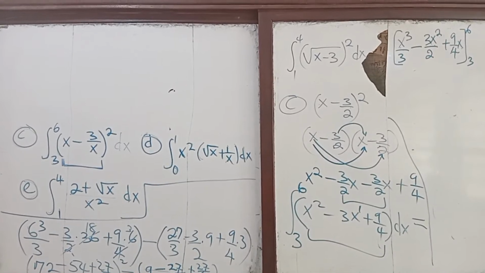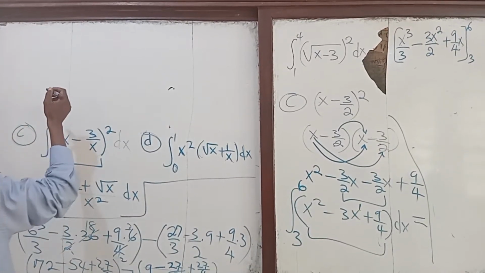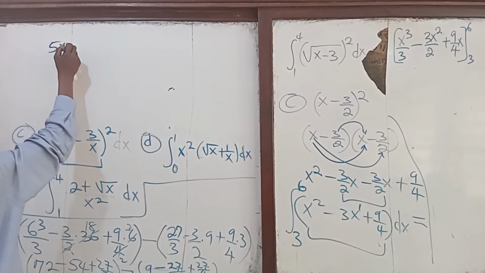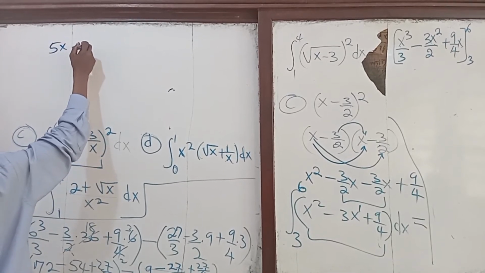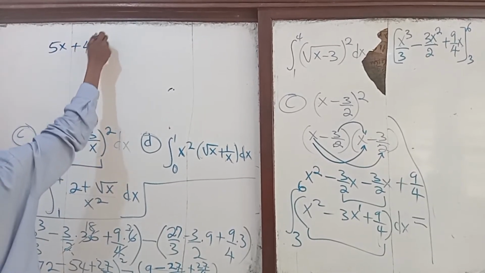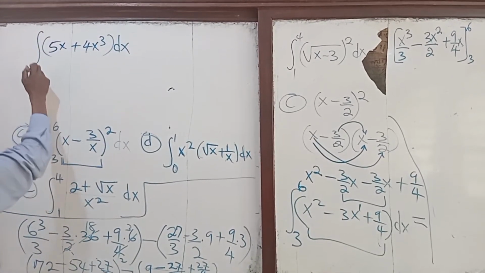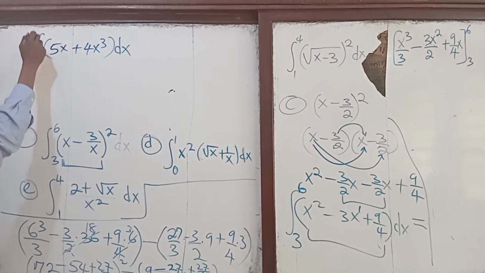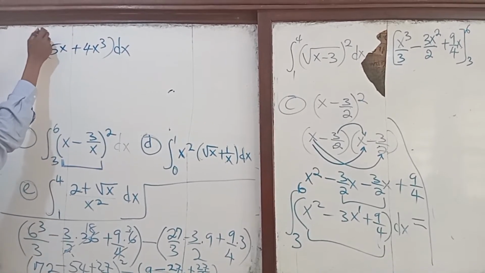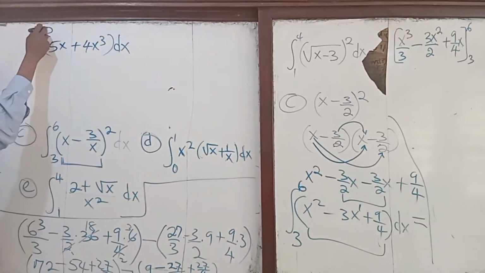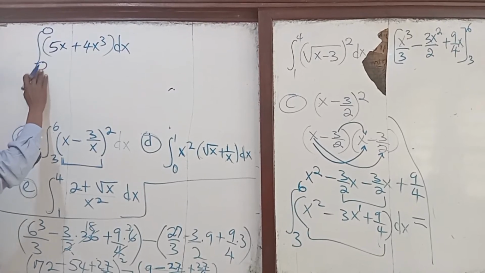Look at this integration. Possibly you have 5x plus 4x cubed dx. This integral. If you realize now, this integral has no upper limit. There's nothing here, that's the upper limit, and there's nothing here, that's the lower limit.